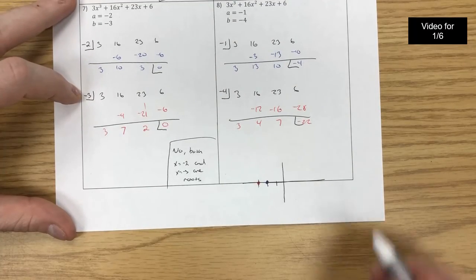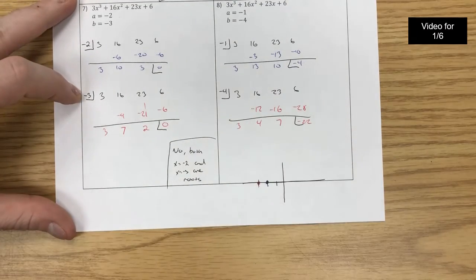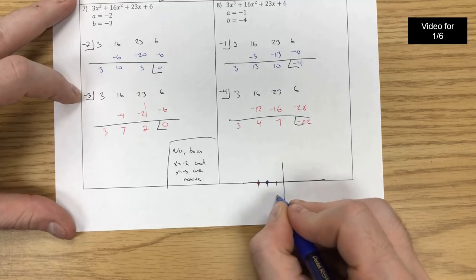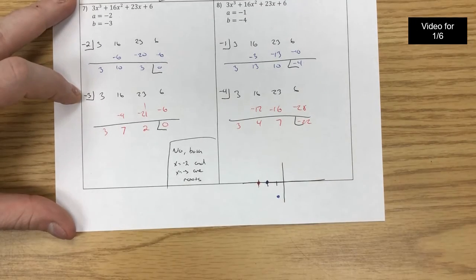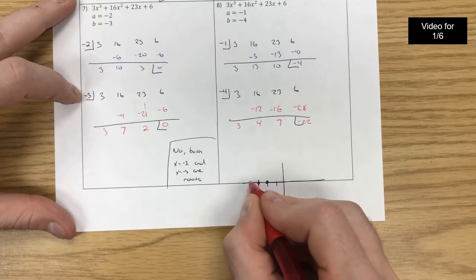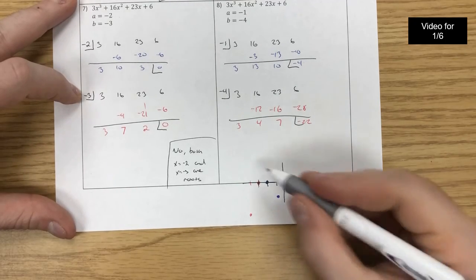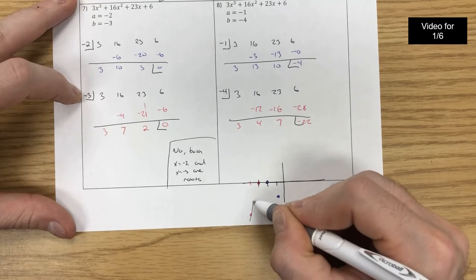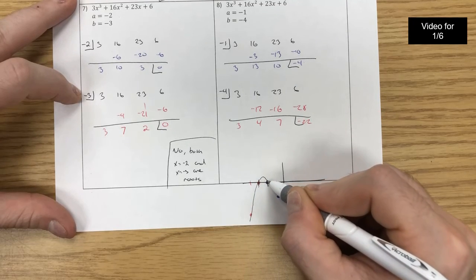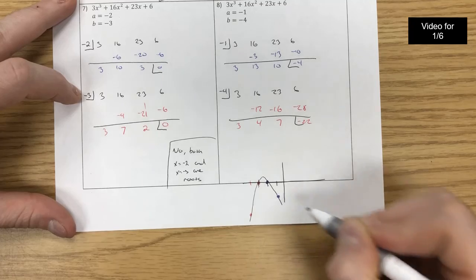So if at -1 the graph is at -4, let's just assume right there, and at -4 the graph is way down here at -22, it looks like what the graph is doing is it's going from here to here and like that.